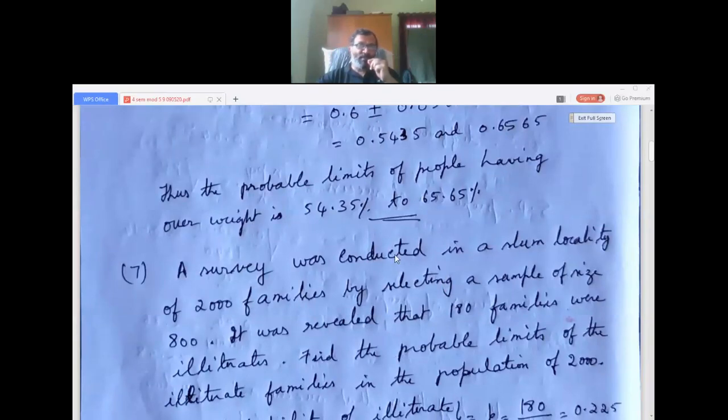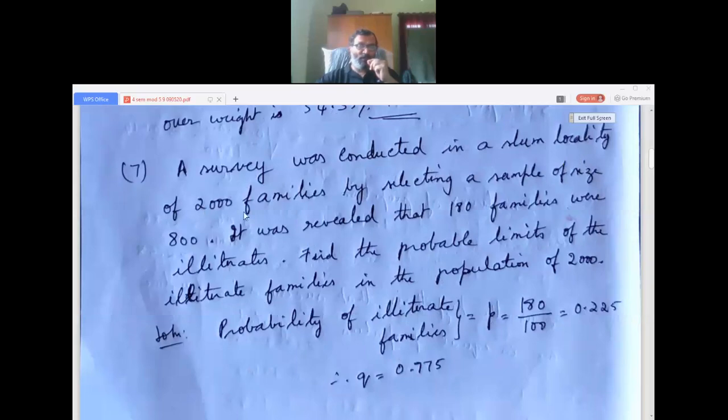A survey was conducted in a slum locality of 2000 families by selecting a sample of size 800. It was revealed that 180 families were illiterates. Find the probable limits of the illiterate families in the population of 2000.